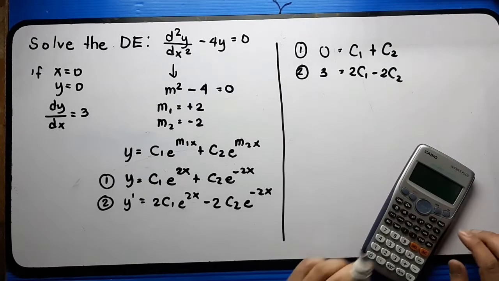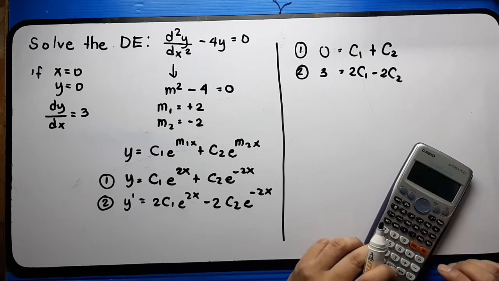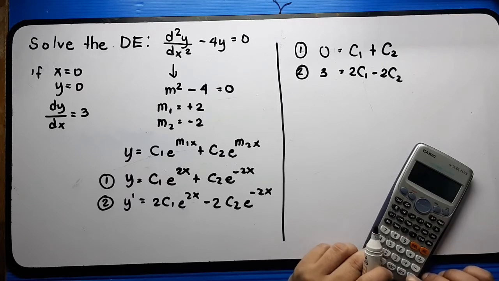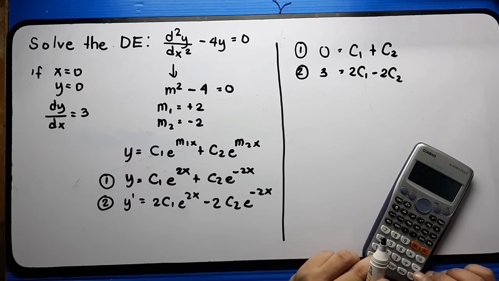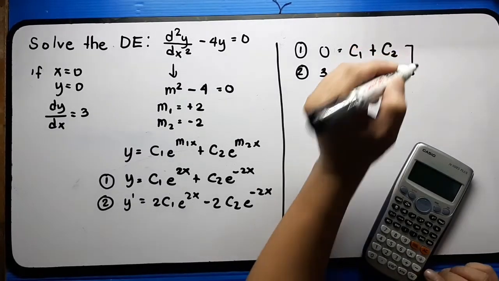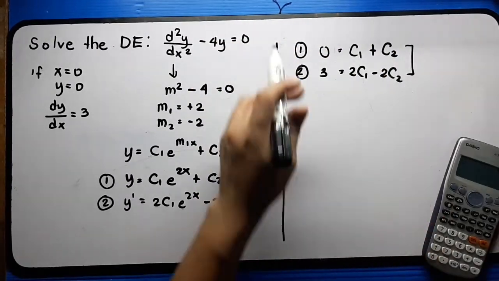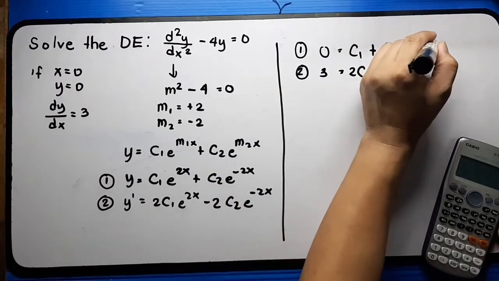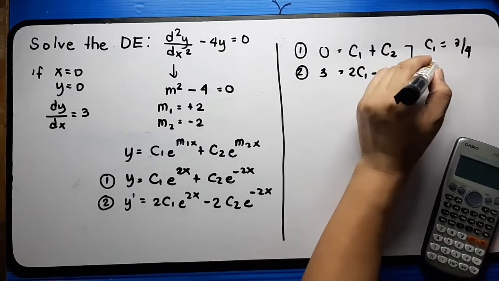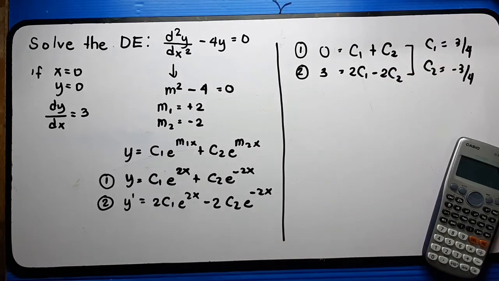Then solving for c1 and c2, using equations 1 and 2, c1 is 3 over 4, while c2 is negative 3 over 4.